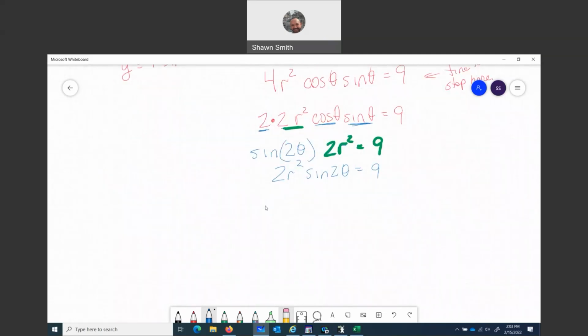If I wanted to solve for r, we could do that. r squared is equal to 9 over 2 sine 2 theta. I could have divided everything by that number first, but let's do it that way instead of doing double divisions.